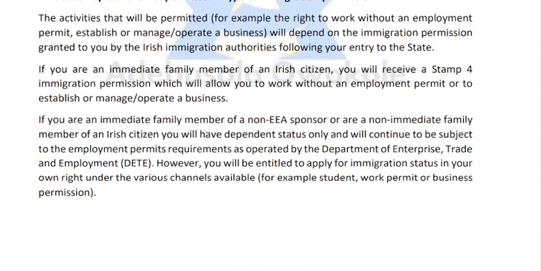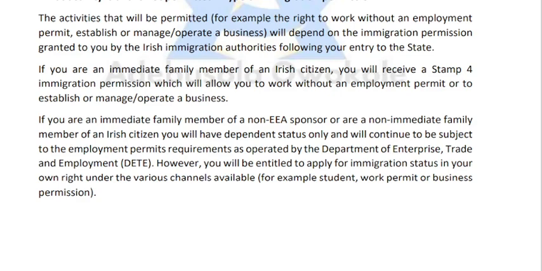For immediate family members of non-European sponsors, we have dependent status only, and we continue to be subject to the employment permit requirement just for the first 2 years, and they can give them the stamp that says they are allowed to live and work in Ireland without reservations as well. So that is the change. Your spouse can live and work in Ireland.